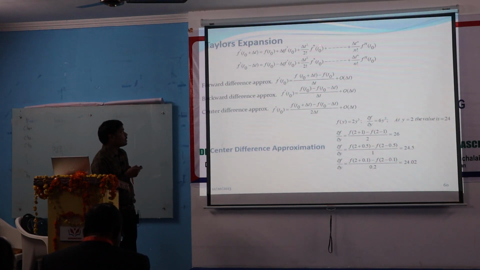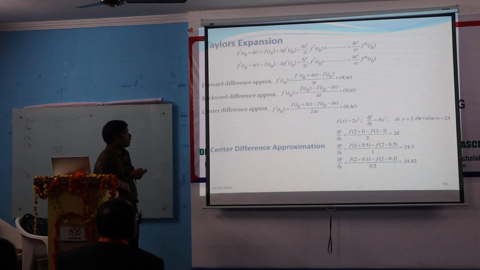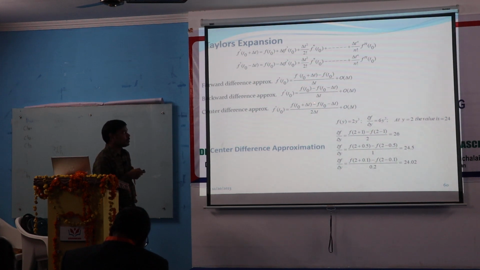From equation 1 you will get this, from equation 2 you will get this. This is from equation 1, t naught plus delta t, and this is from equation 2, t naught minus delta t. If you do the center difference approximation, you take the average of these two.